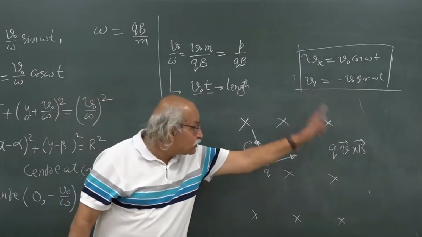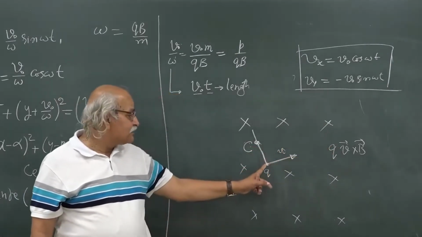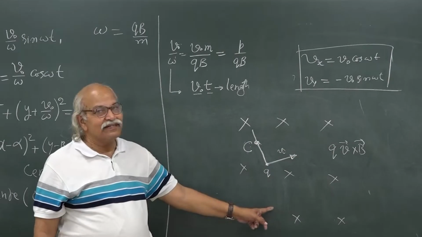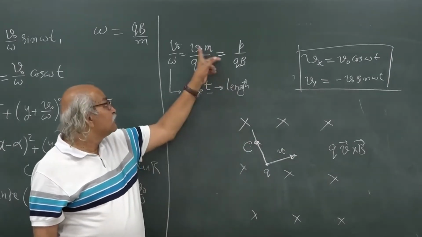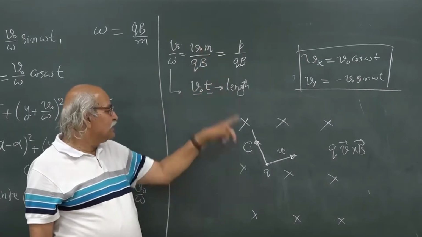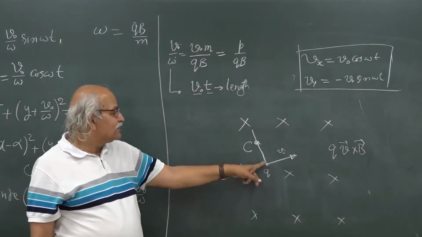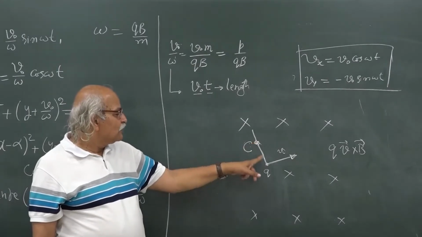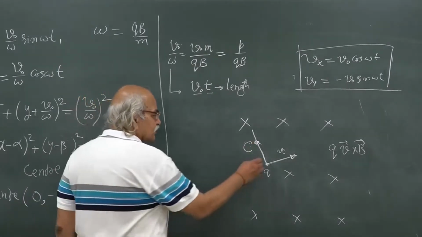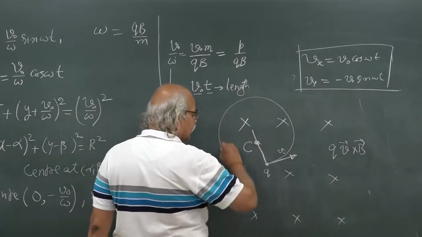See the direction of the force, and that decides whether it is on this side or on this side. And the radius is m times v naught by q into B. So that much distance you locate the center. Once you know the center, once you know that this is the radius, then you can immediately write the path.